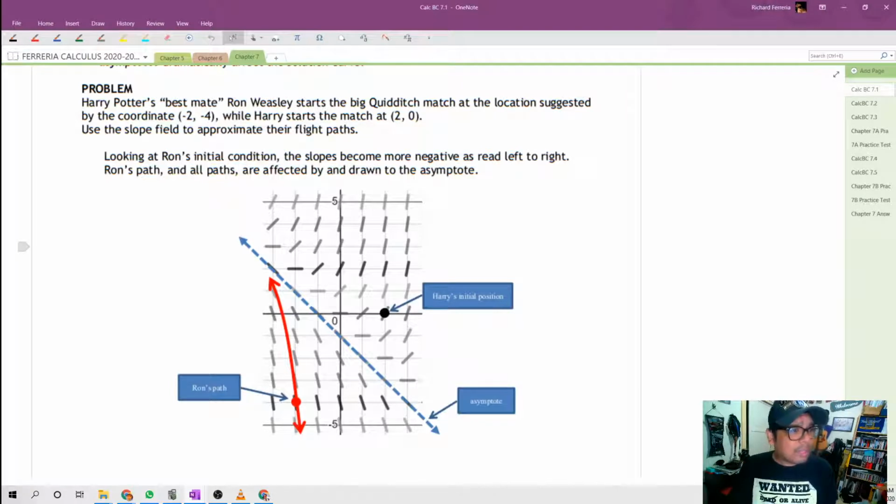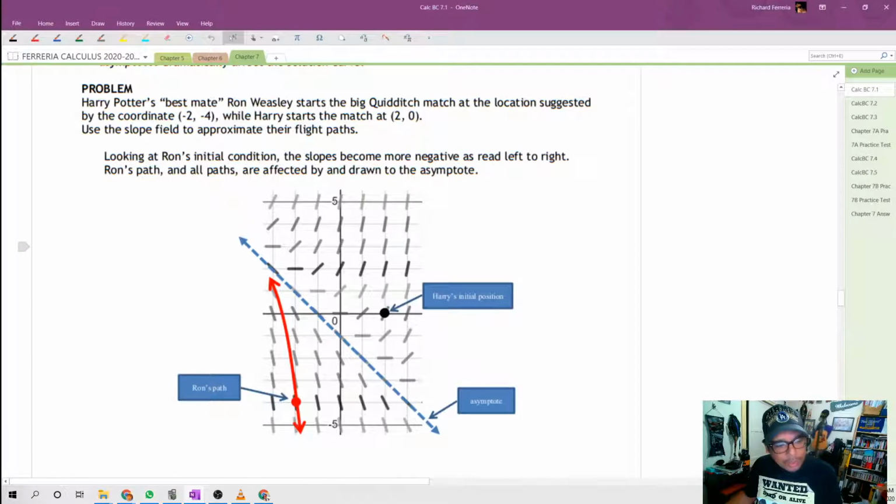So we're going to use a slope field to approximate their flight paths. And if we look at Ron's initial condition, he is far away from the slope field. There's not much to go on the right side. We remember what we said down over here. As we go from left to right, the slope should get more negative.